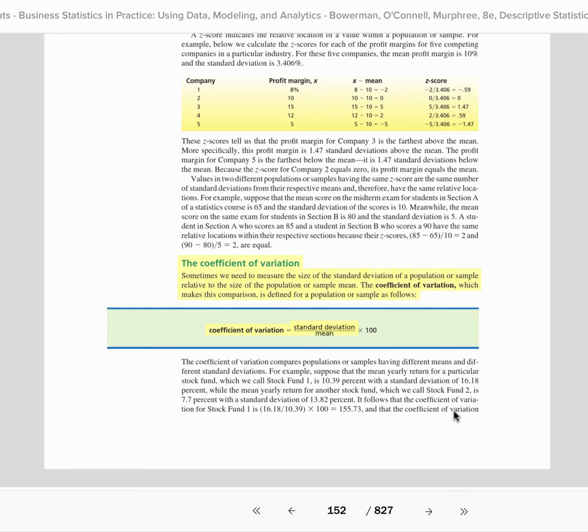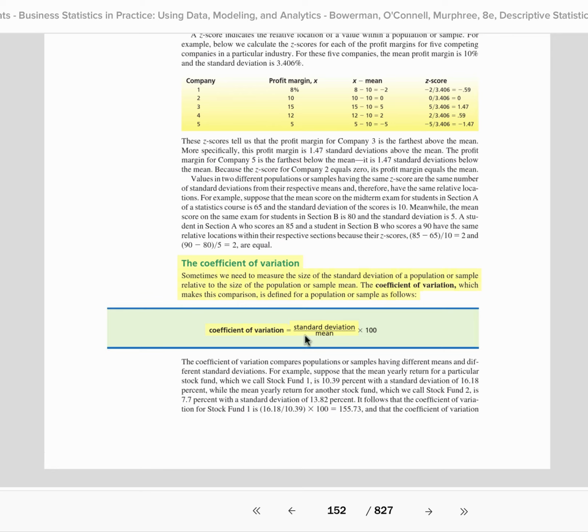The first fund has a mean of 10.39% with a standard deviation equal to 16.18. Then we have the second fund, Fund 2, that has a mean of 7.7% and a standard deviation of 13.82.